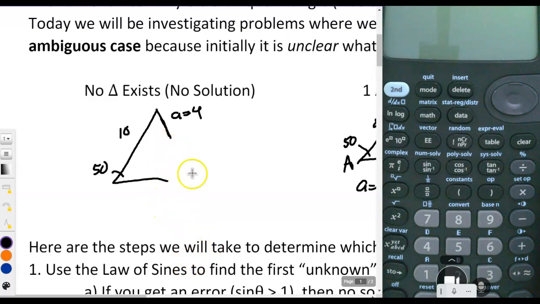So it does not exist. Can't quite reach. And in this case, it's when A is smaller than the height of the triangle. The height right here is the shortest length of a triangle, so if the leg comes out shorter than that, it's impossible to actually draw that triangle.